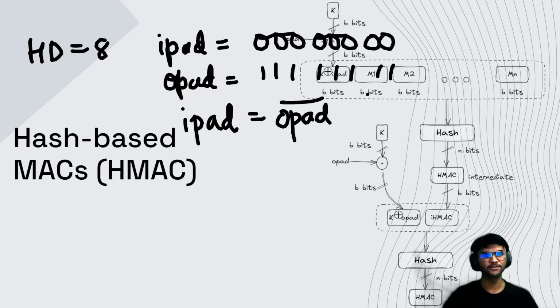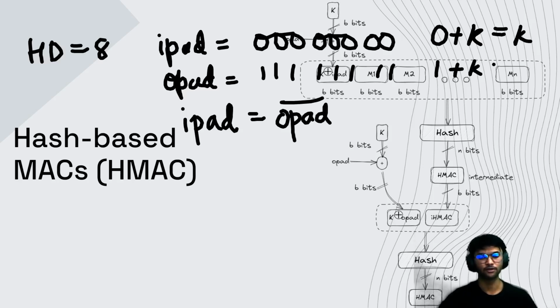What this will mean is when Alice or Bob compute this first block, which is K XOR ipad, they're computing 0 XOR K, which is K itself. So it does not have any effect whatsoever. And while computing with the opad, they're computing 1 XOR K, which is K complement.